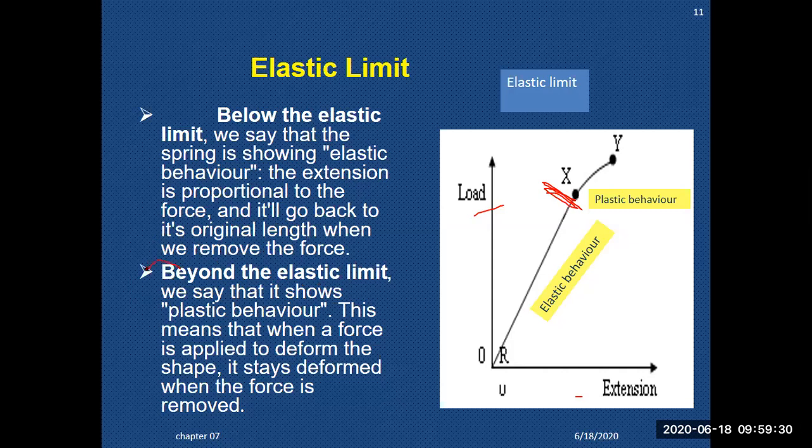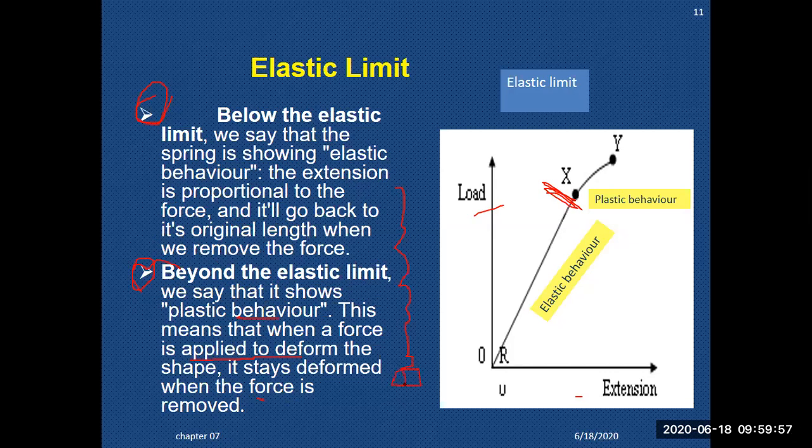Beyond the elastic limit, this is another important point to remember. This one was within Hooke's law, the elastic limit. Now beyond the elastic limit, we say that it shows plastic behavior. This means that when force is applied to deform the shape, it stays deformed when the force is removed. The spring is stretched, it is unable to move back, and we further apply force on the spring.